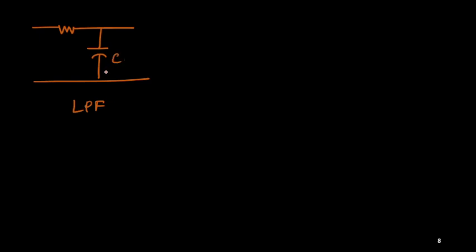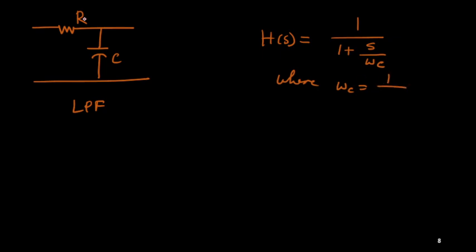If capacitance is C and resistance is R, this H(S) we have got is of this form, 1 over 1 plus S over omega C, where omega C equals this, the time constant is R into C, so it is 1 over R into C. That is in radian per second. Be careful, okay? This is very simple.